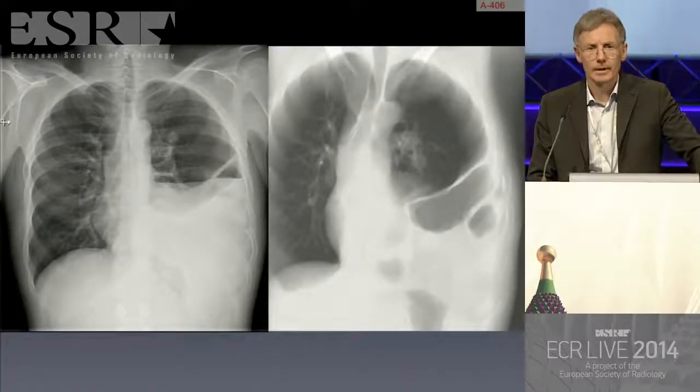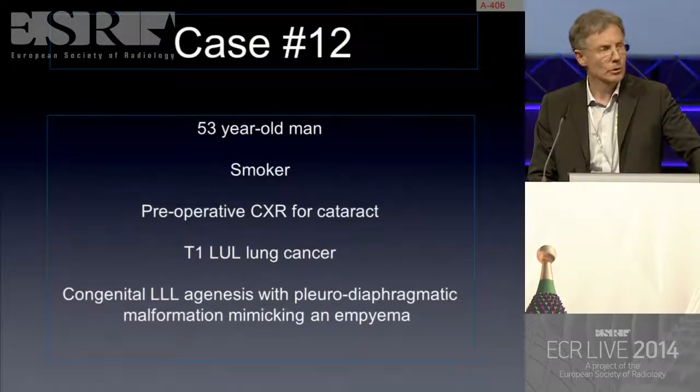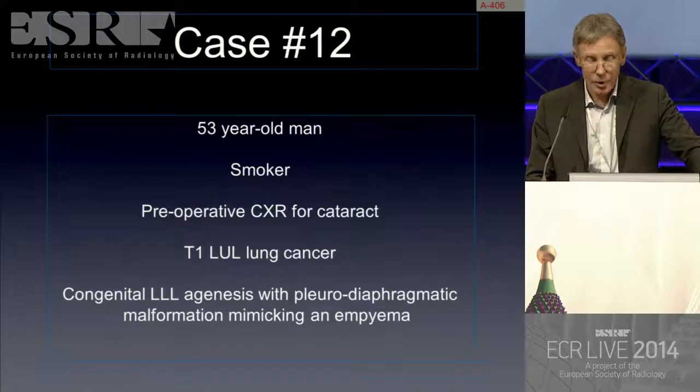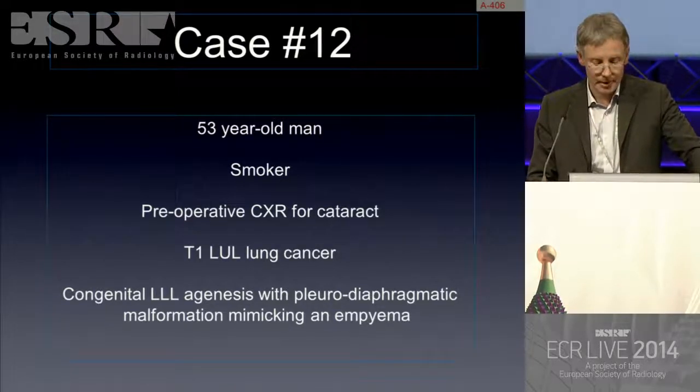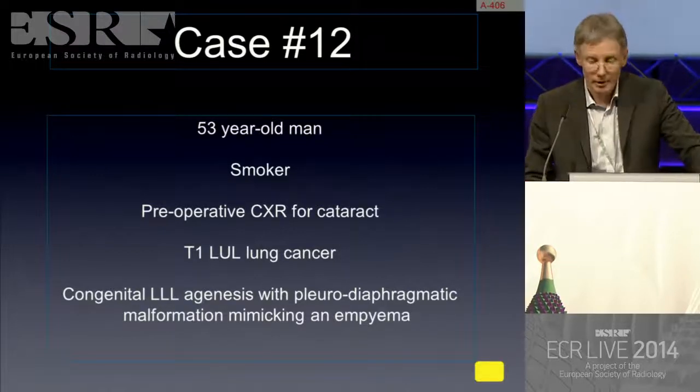The air is in the stomach and the colon, and there is no diaphragm and no left lower lobe. This is a congenital abnormality. The peritoneal structures are in the hemithorax. This was congenital left lower lobe agenesis with a pleurodiaphragmatic malformation which was mimicking an empyema. The patient had a T1 left upper lobe lung cancer which was picked up on the chest X-ray and correctly treated. So thank you, and over to Denis.